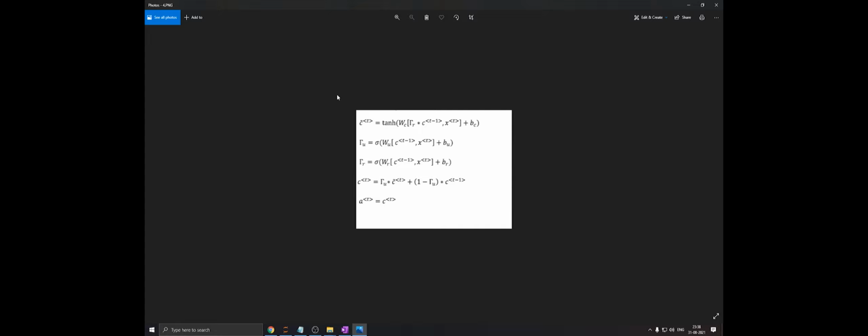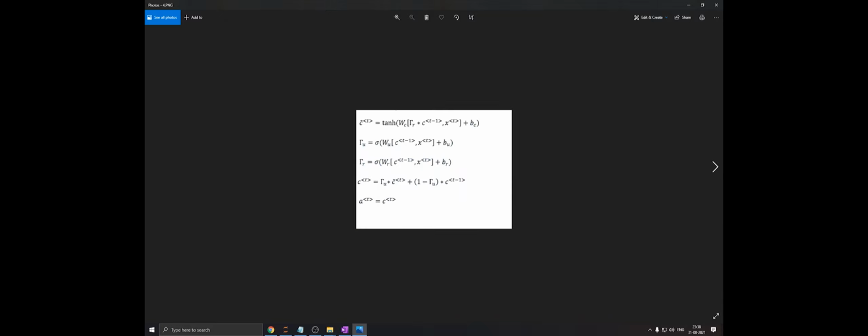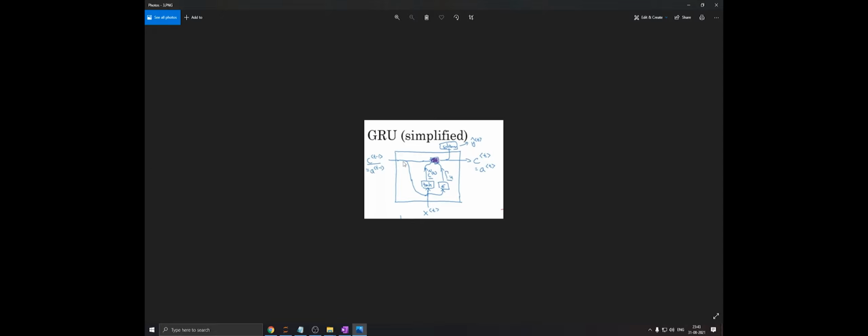As we can see in this picture, I will define all of these operations one by one, first starting off with the candidate value or candidate cell. This is the same as in the previous network. Like, this is the value I am talking about, a of t, or the hidden unit cell. Talking about the notations here, this is the candidate value, I will describe it here. This is the memory cell. This line, from left to right, is the memory which maintains the memory from previous words of the sentence and carries it over to the front of the sentence, right?